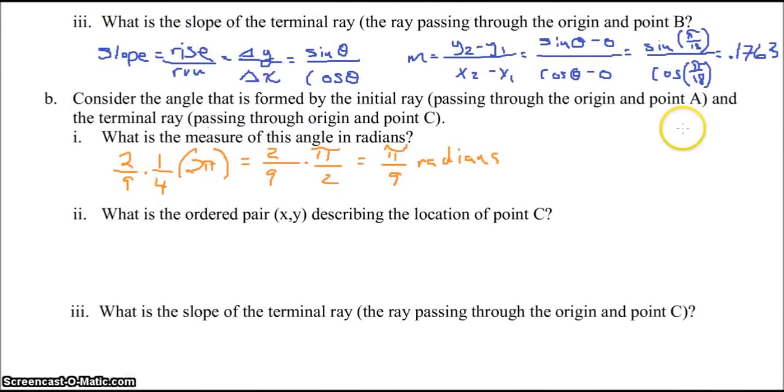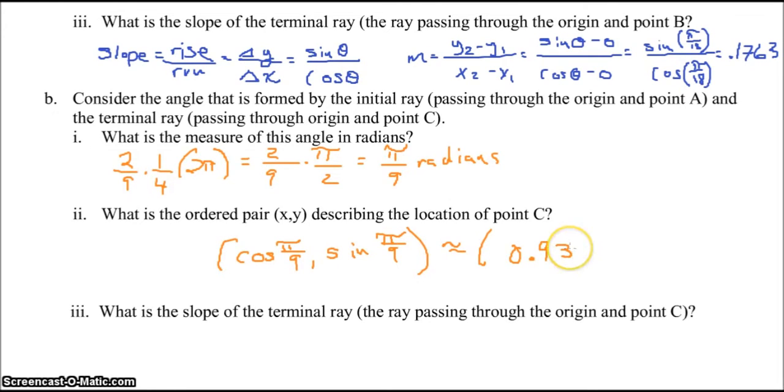In this case, cosine of pi over 9, sine of pi over 9, which is approximately 0.9397, 0.3420.